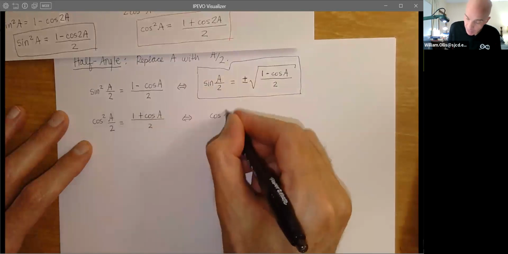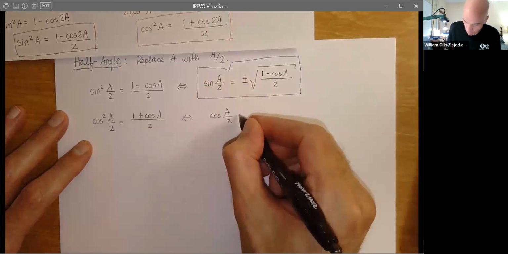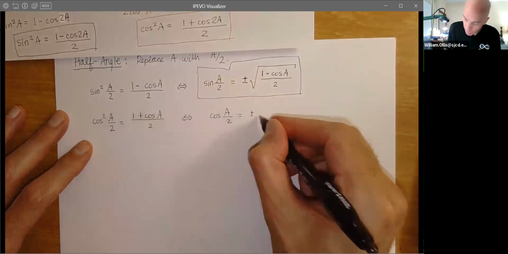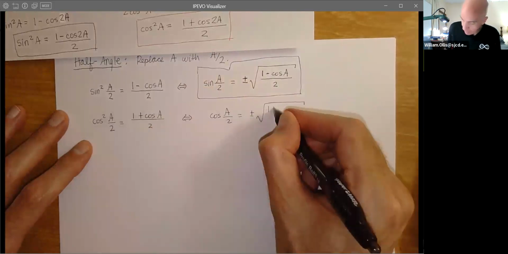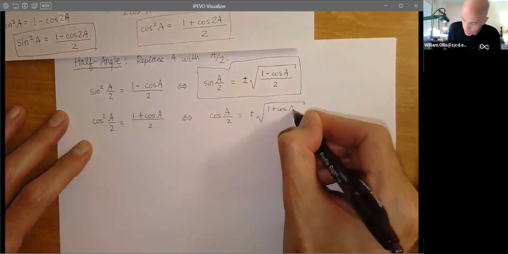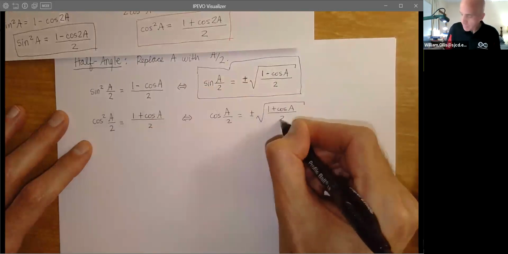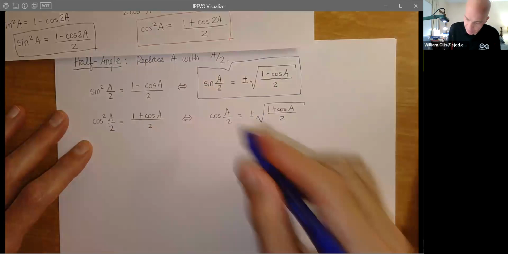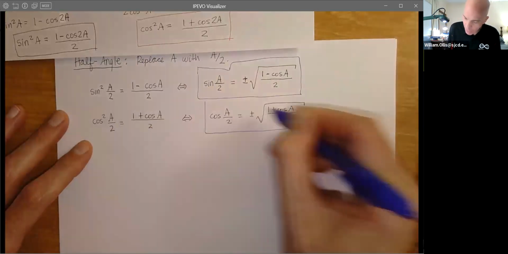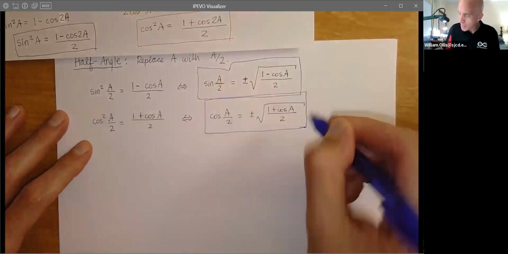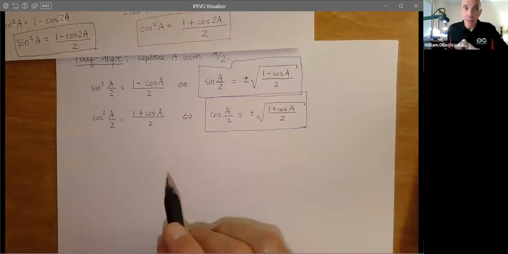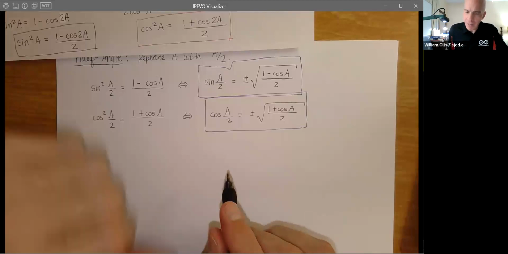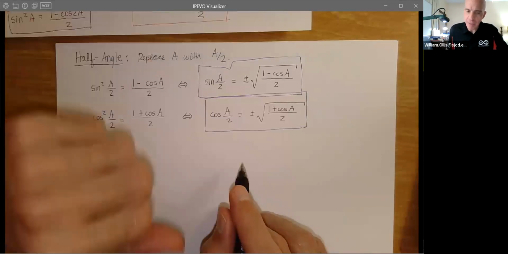Cosine of the half angle will be plus or minus the square root of 1 plus cosine A over 2. Again, not the best. We have to again figure out where A over 2 terminates, and that will allow us to choose the sign. And so you're thinking, oh man, this is not the best.